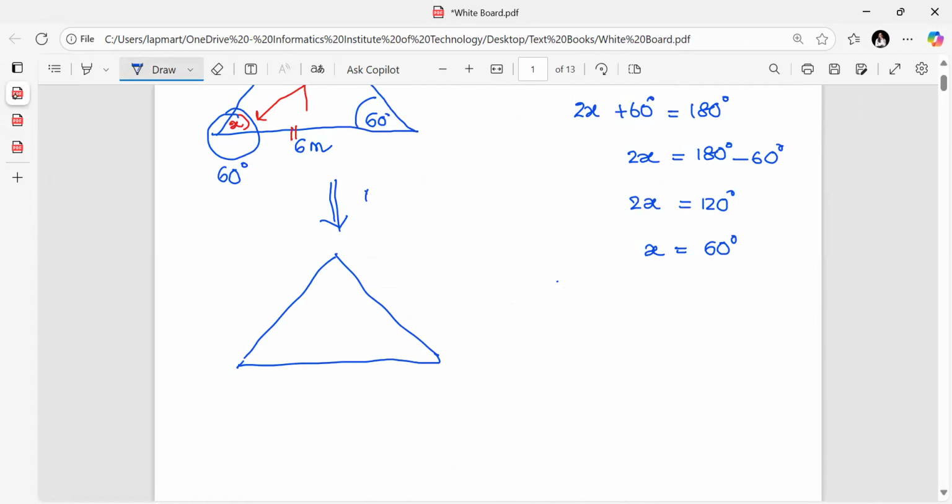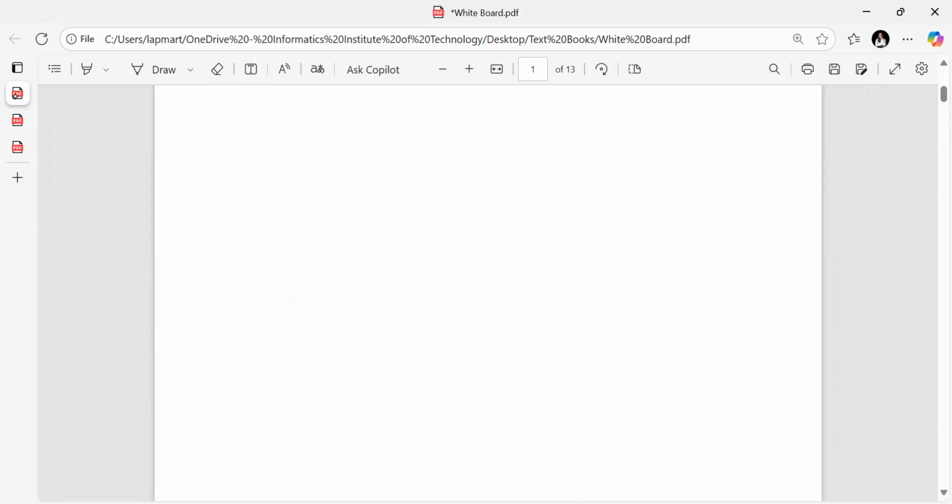So likewise here I write 1 centimeter, 1 meter. And here it should be 6 centimeters, 6 centimeters, then 60 degrees and 60 degrees like this. Something like this.